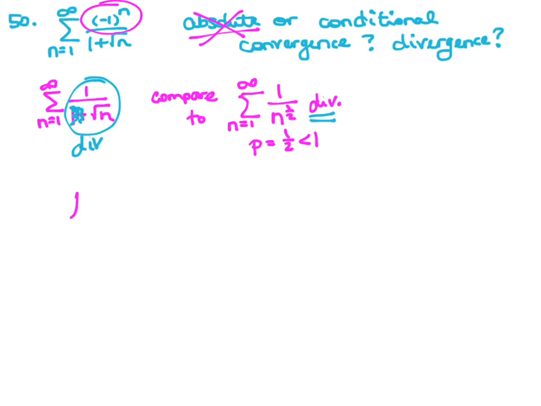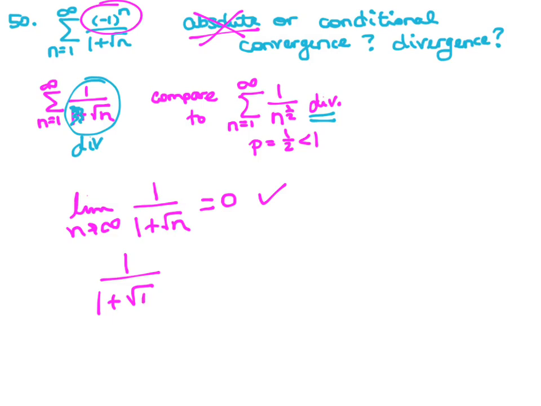What that test says is that if we take the limit as n goes to infinity of 1 over 1 plus the square root of n, that has to equal 0. And this does, so check. And then we also need to make sure that the terms are decreasing. So if I have 1 over 1 plus the square root of n and I compare it to 1 over 1 plus the square root of n plus 1, is that n plus 1 term going to be smaller?